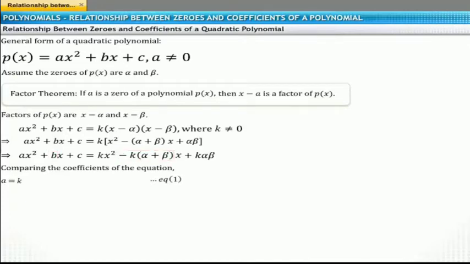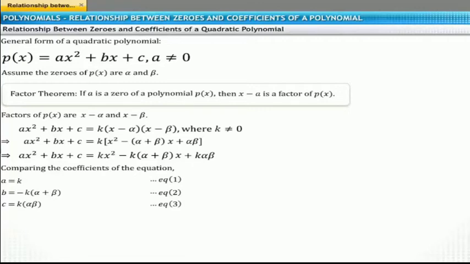So we can write ax square plus bx plus c is equal to k into (x minus alpha) into (x minus beta), where k does not equal 0. So ax square plus bx plus c is equal to k times (x square minus (alpha plus beta)x plus alpha beta).